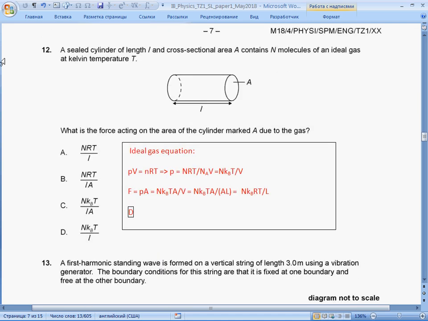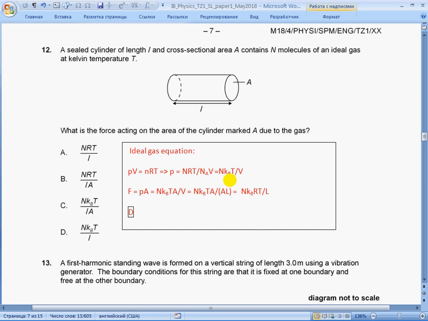A sealed container of length L and cross-sectional area A contains n molecules of an ideal gas at Kelvin temperature. What is the force acting on the area of the cylinder marked A due to the gas? Ideal gas equation, so PV equals number of moles times RT. Number of moles is N over Na, N Avogadro, and R over Na equals k, Boltzmann's constant.